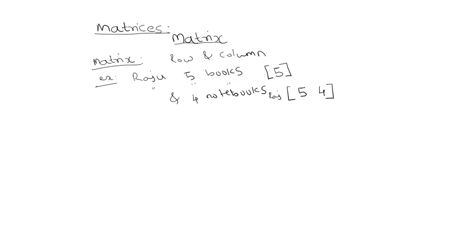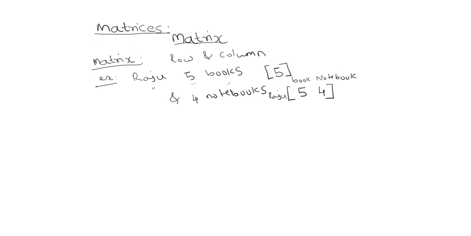The first column may indicate books, and the second column may indicate notebooks. So this information we have written as an arrangement of a row and column. It is easier to access when it is expressed in the form of a matrix.